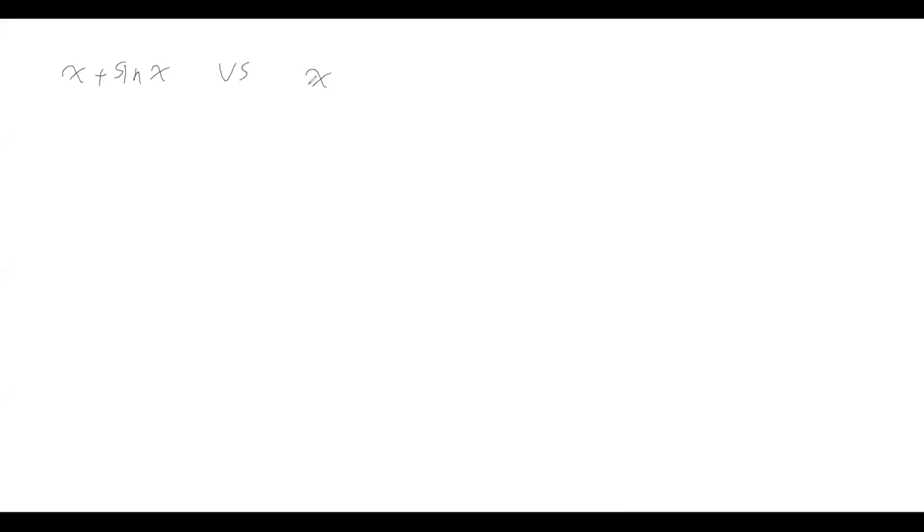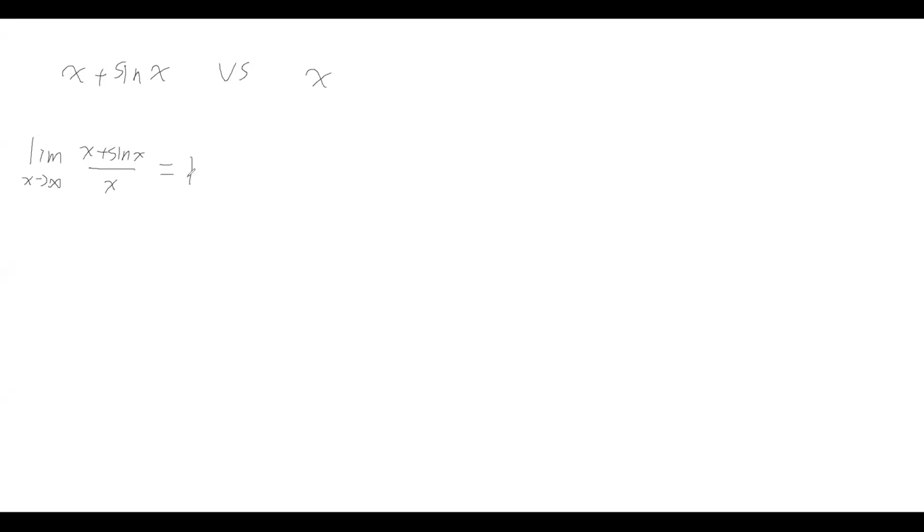For instance, let's look at these two functions, x plus sine of x, and x. If you just perform the definition, x plus sine x over x. We know that the range of sine is from -1 to 1, so it just oscillates between -1 and 1, and the x is most likely the dominant term. So we know that this is going to approach 1.